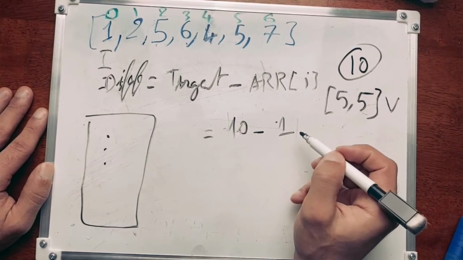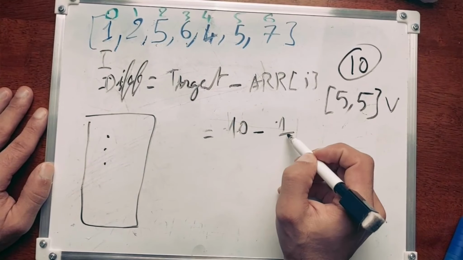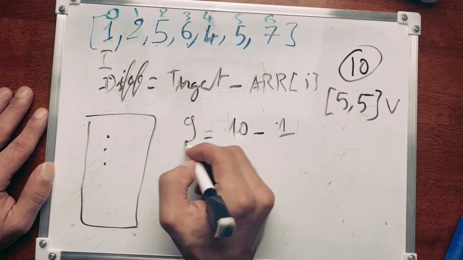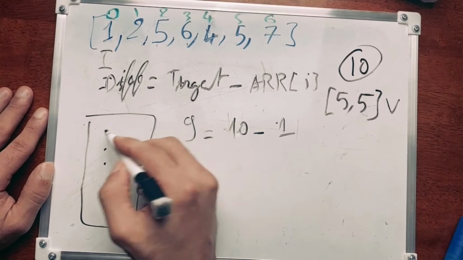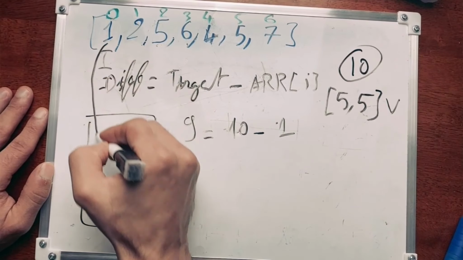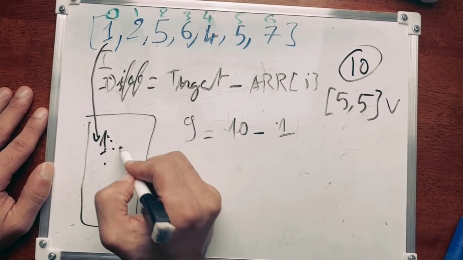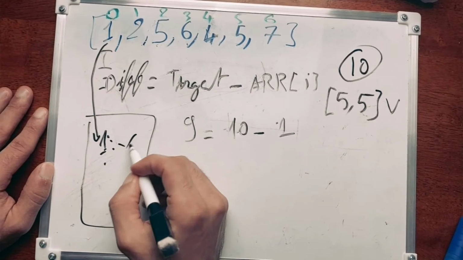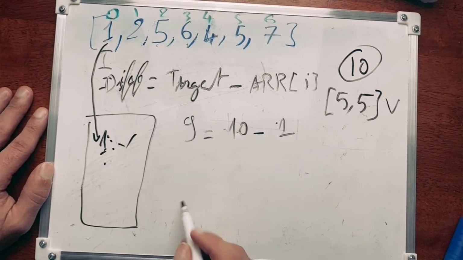The value will be 1, right? 10 minus 1 equals 9. Does 9 exist here? No, it doesn't. So we take the 1, and we add it. We don't care about the value, we just care about the keys for now.